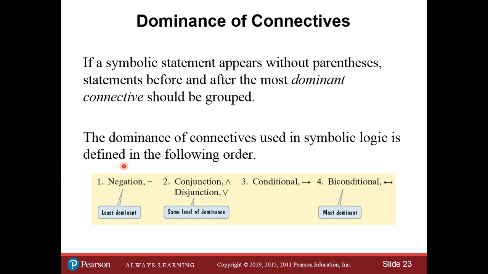We have negation, which is the least dominant. Then we have conjunction and disjunction, which have the same level of dominance. Then we have the conditional, which is a higher level of dominance. And then the highest level, the most dominant one, is the biconditional. Okay, so we always go in level of dominance in that order.